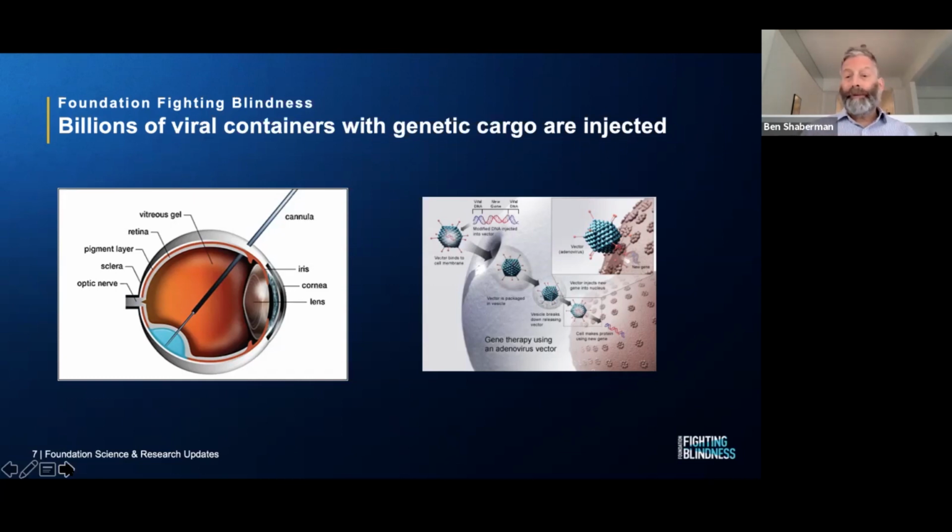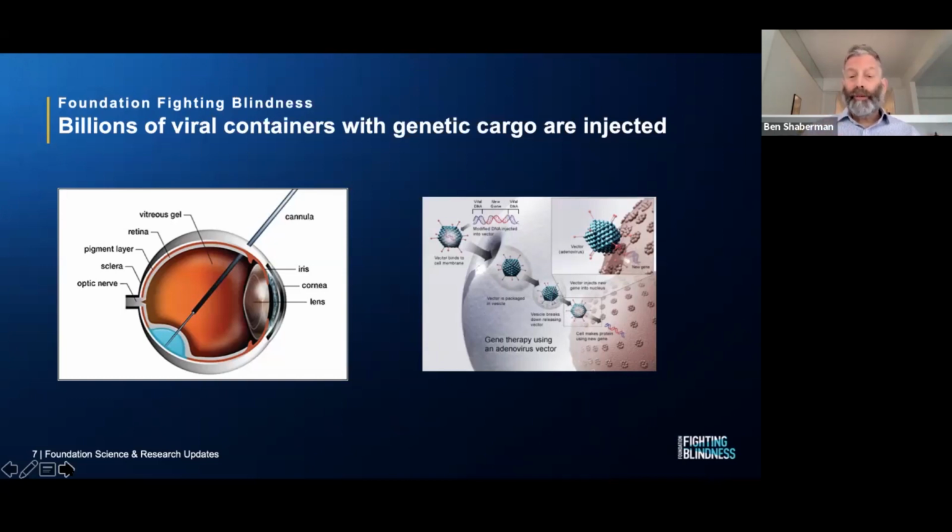And in that drop of fluid are the billions of viral containers that I was talking about in the previous slide. And over time, after this liquid is injected underneath the retina, it gets absorbed into the retinal cells.